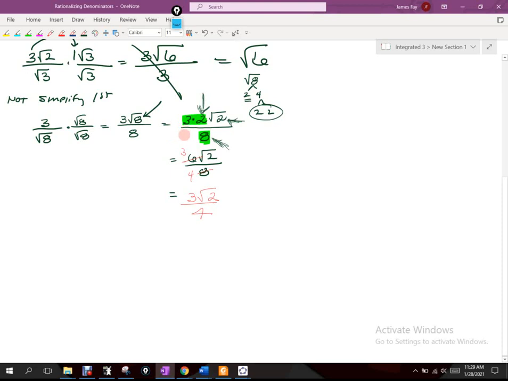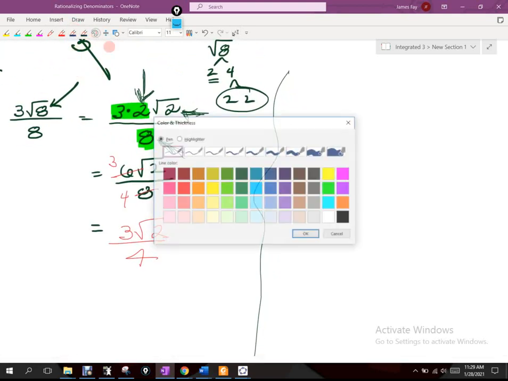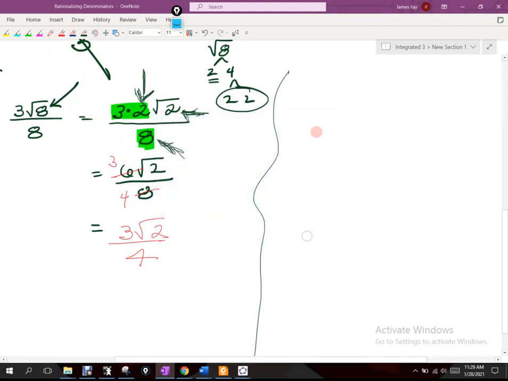So that was not simplifying first. Let's see if simplifying first might make things easier. If we take our 3 over radical 8 and simplify that first, we already know radical 8 turns into 2 radical 2. So we would have done that first.